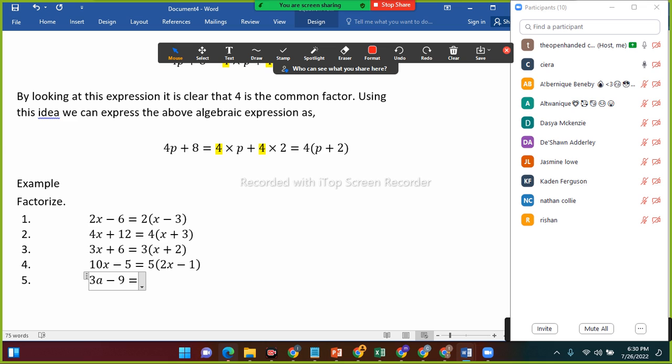So it'll be 3 outside the bracket, a inside the bracket, take away 3. Very good. So 3 times a, which is 3a, and then 3 times 3, which is 9.